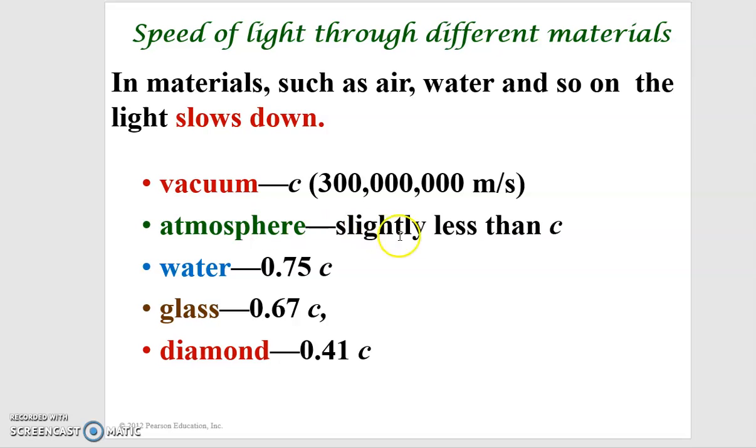So in the atmosphere, the speed of light is actually slightly less than c. But for light propagating in water, it will become even smaller, and depending on the structure of the material, the denser the material, the harder it is for the light to propagate.